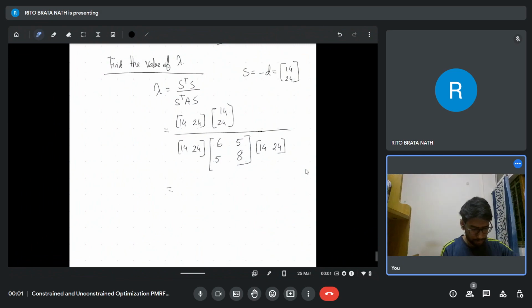It's 24 times 24. So I think it's 772 divided by, so I made a mistake. This should be a column vector. Okay, so it's 14 times 6 plus 24 times 5. Then it's 14 times 5 plus 24 times 8.